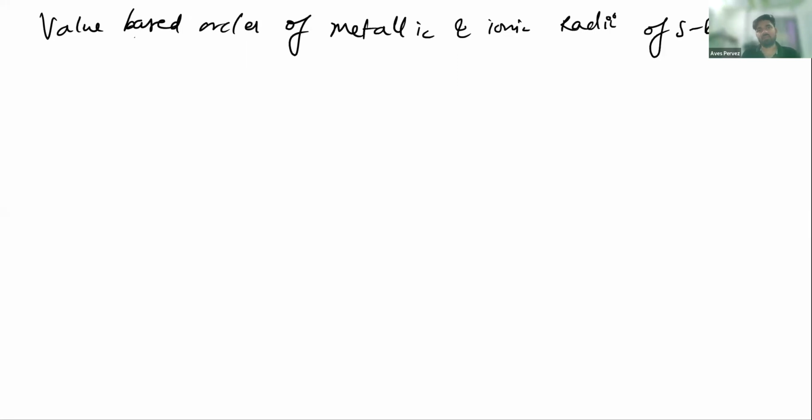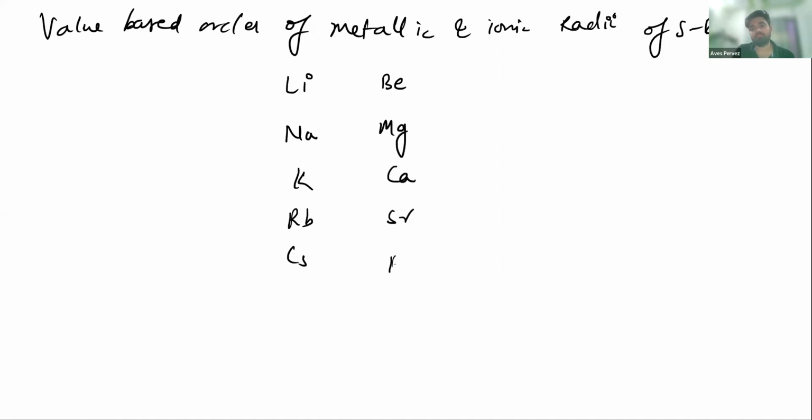What is this value based order? It means we have to arrange the S block elements in order. For example, we have lithium, sodium, potassium, rubidium, cesium. And then we have beryllium, magnesium, calcium, strontium, and barium. So these are the alkali metals and alkaline earth metals.